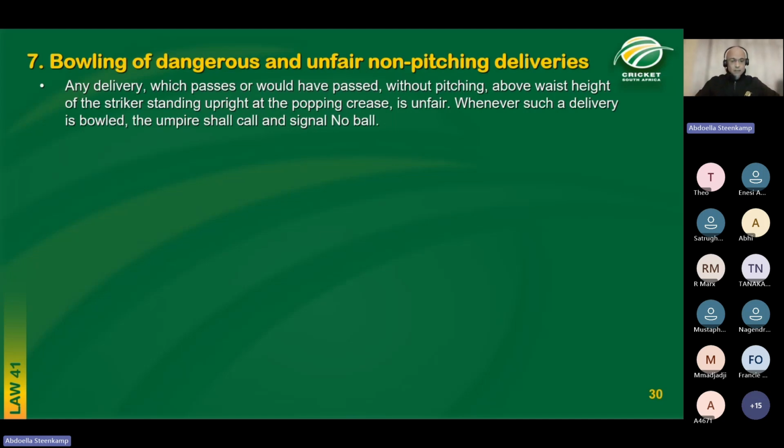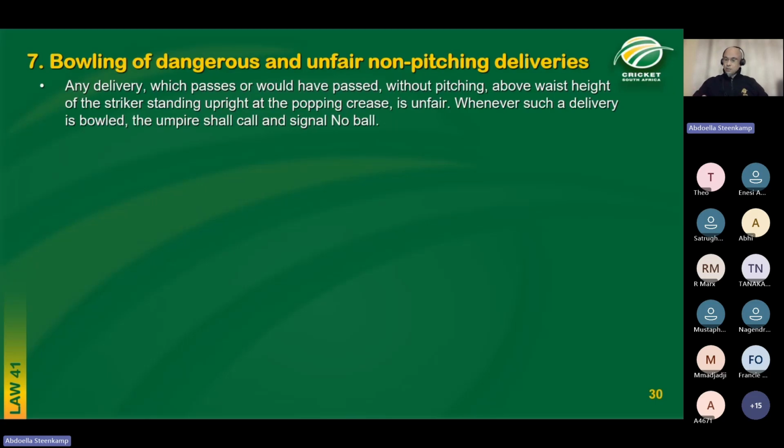So any full toss above waist height, striker standing upright at the popping crease, you need to call it. Again, I want to emphasize that your judgment is above waist height and striker standing upright at the popping crease.